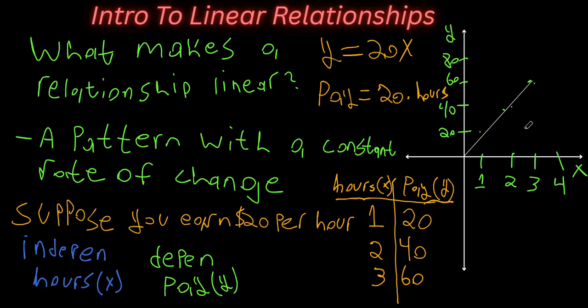You can see it's like a stair step pattern where we go over 1, up 20, over 1, up 20, over 1, up 20. And this is going to continue on and on and on. Since it's a consistent slope, it's the same change, you basically create a straight line that will stretch on for infinity.